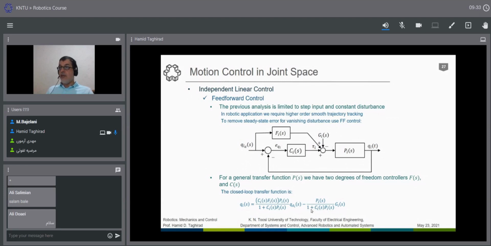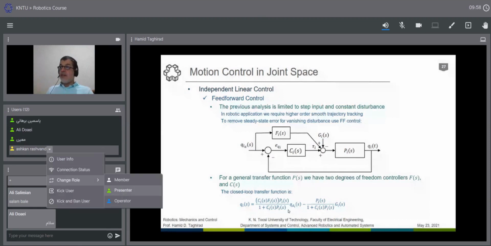So we have 1 plus CP as before, the loop gain, 1 plus L in the denominator. But in the numerator here we have F times P, because this also comes into the picture, F times P for the trajectory input, and P comes here.